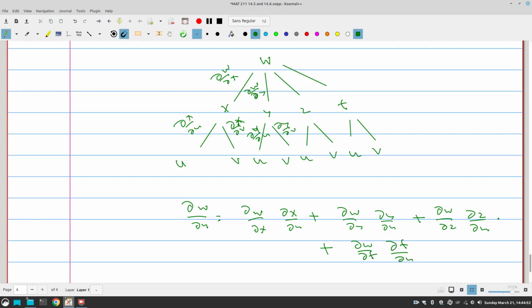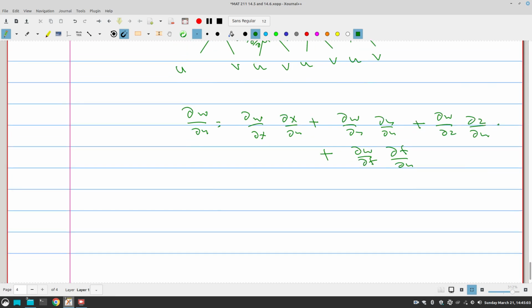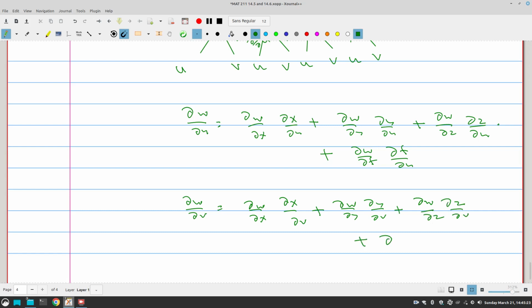There are 4 possible routes to u: through x, y, z, or t. And similarly, dw over dv equals dw over dx times dx over dv, plus dw over dy times dy over dv, plus dw over dz times dz over dv, plus dw over dt times dt over dv. Again, 4 possible ways to go from w to v.